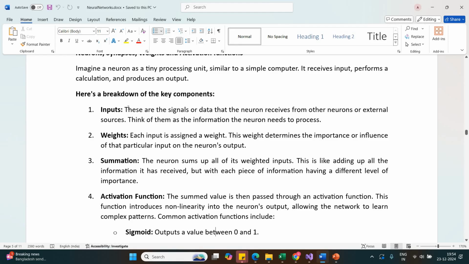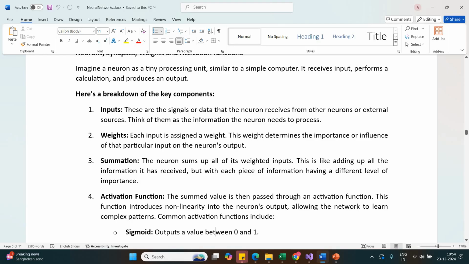So the first component is the input. Input you can consider as a signal. Just like in the human nervous system, one neuron sends a signal to the other neuron, passing the information. Similarly, in the neural network, signal is a metaphor for data.